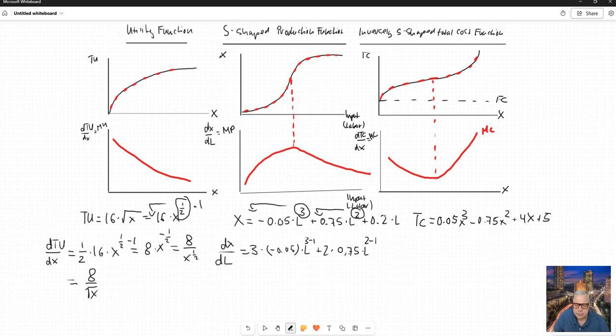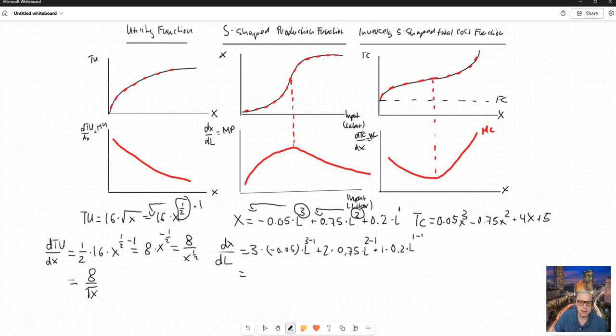And then for the third term, plus 0.2 times L, there's basically an invisible 1 up there. So the invisible 1 goes in front, so plus 1 times 0.2 times L raised to the 1. But now we have to subtract the 1, so 1 minus 1. So this term becomes 0. Okay, so now we can simplify.